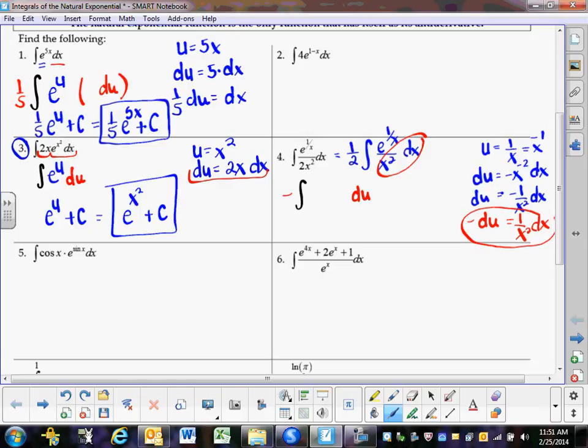I already had a 1/2, and now what's remaining is e to the u. So the negative 1/2 stays on the outside. I antiderive and get e to the u plus c, which makes this negative 1/2 e to the, replace the u with 1 over x, plus c.